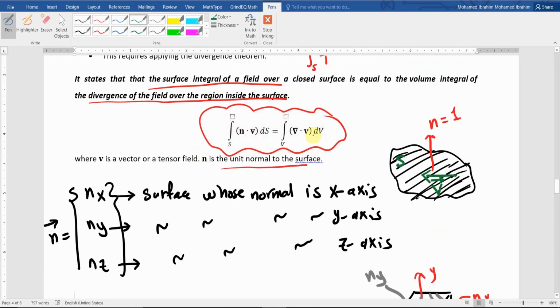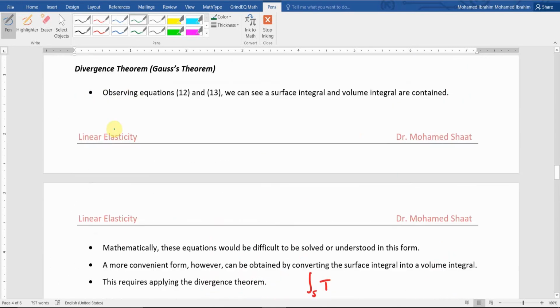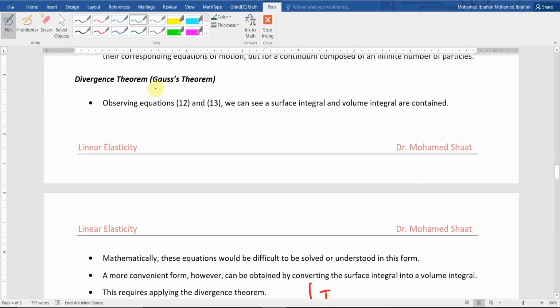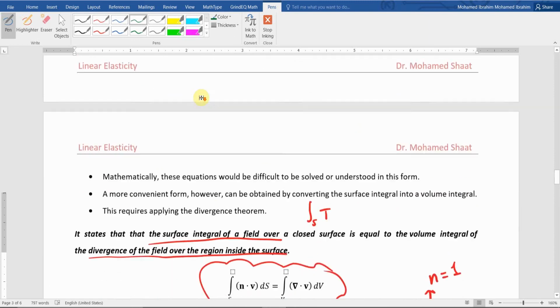This integration is a surface integration, and it can be converted into a volume integral, which is equivalent, but we're going to use the divergence of the same field. That's why it takes the name divergence theorem, which was developed by Gauss. That's why it is also known as the Gauss theorem.